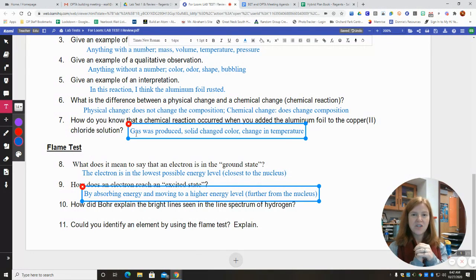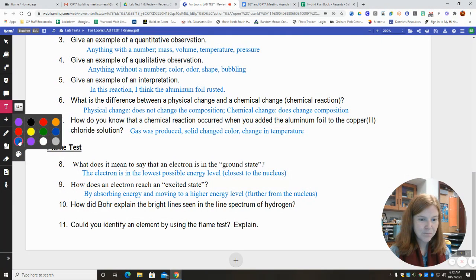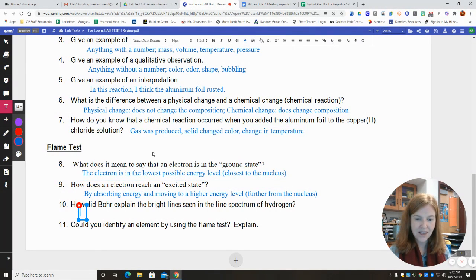But tying into the next question, when they are excited, it is extremely unstable. They cannot stay there. So as soon as they can, those excited electrons are going to fall back to their ground state. When they do that, they shoot out light. And that light, all kind of ties in here, is unique for every single element. So as we look to question 10, it says, how did Bohr explain the bright line seen in the line spectrum of hydrogen?